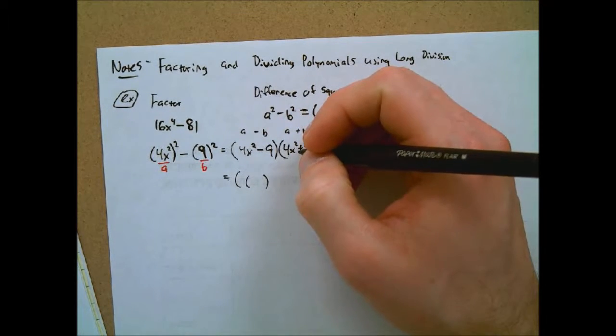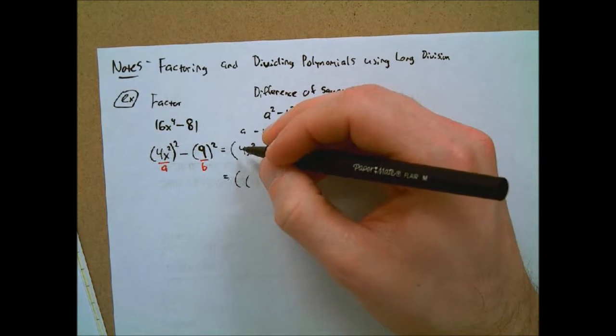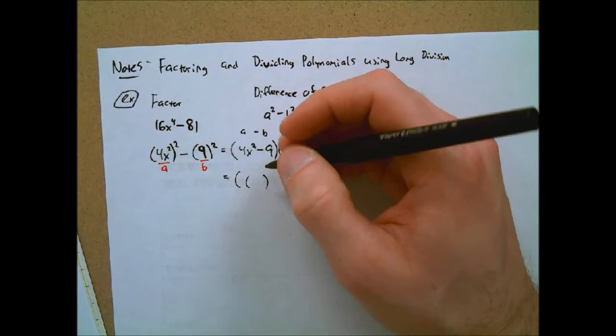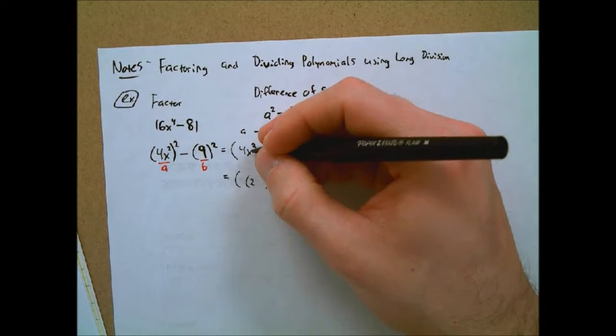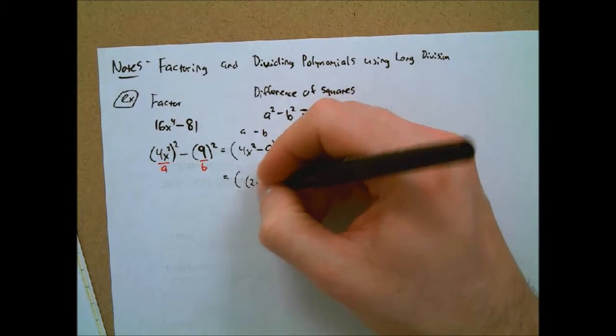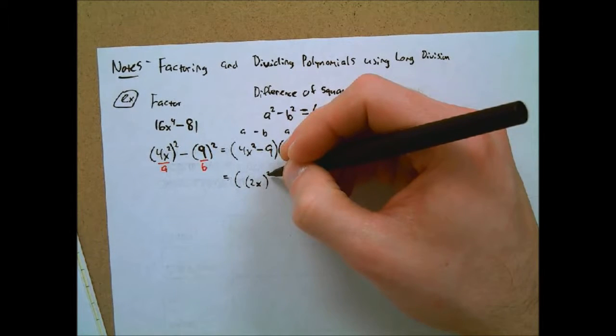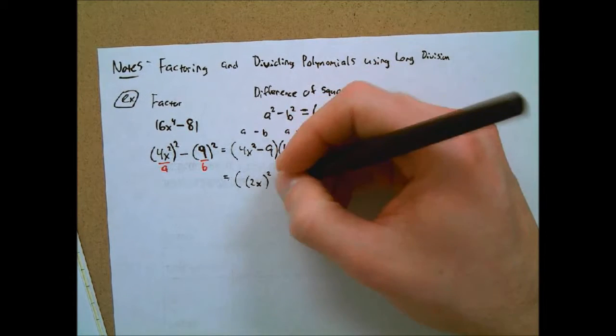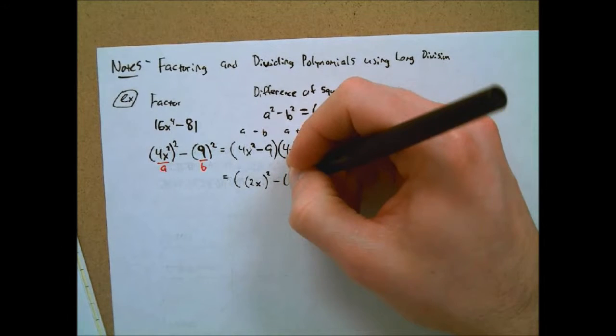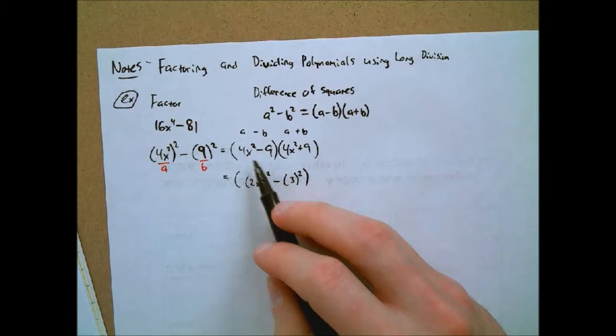Well, let's focus on the 4. What number when you square it gives you 4? 2. What number when you square it gives you x squared? X. So in other words, 4x squared is the same thing as 2x quantity squared. What number when you square it gives you 9? 3. So you see we have another difference of squares show up in here.